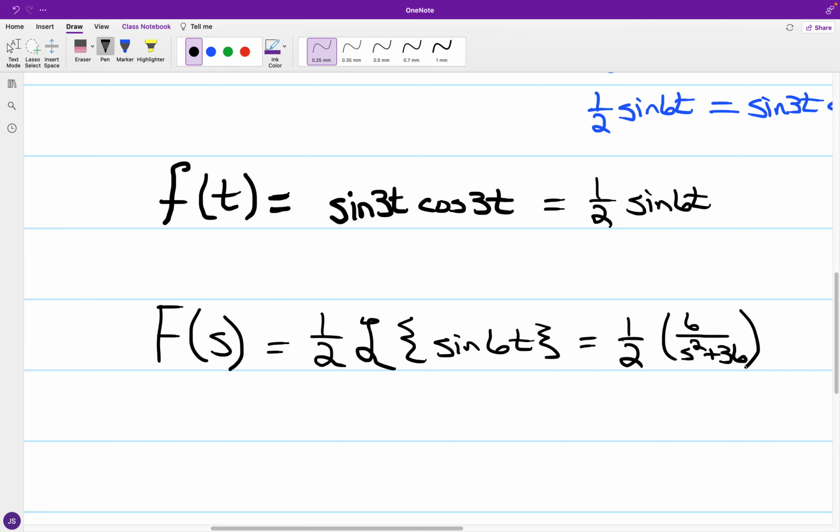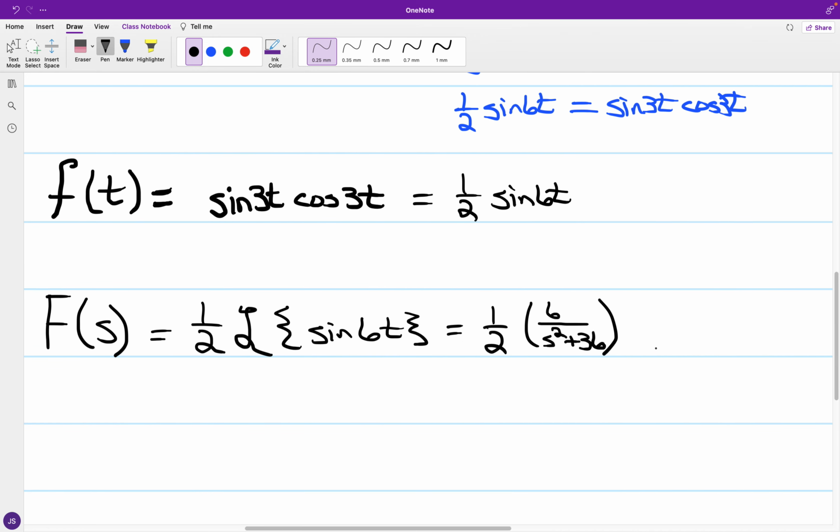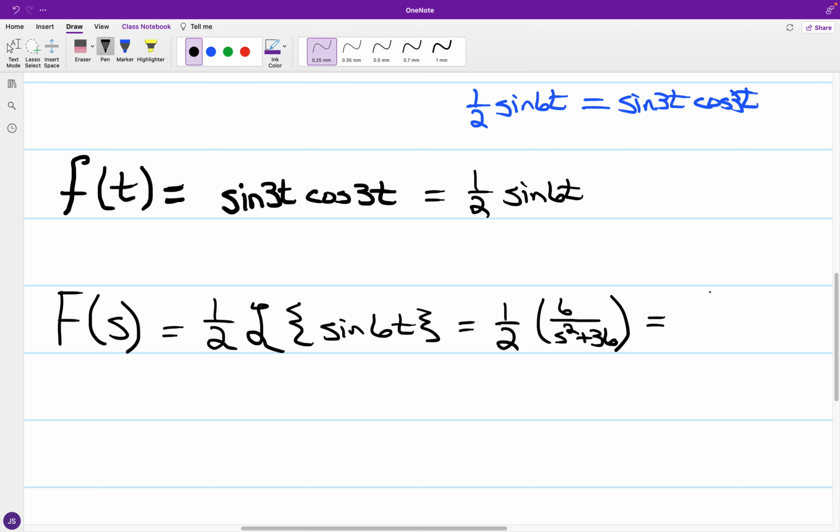And in the follow through, half of 6 is going to be 3. And so with the outcome, we're going to end up at 3 all over s squared plus 36.